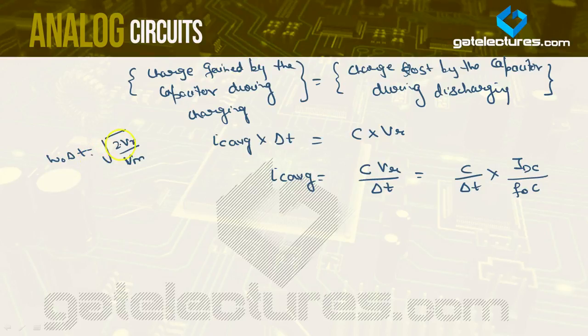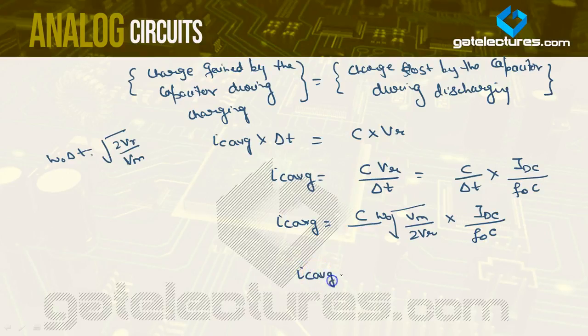So delta T will be equal to 1 by omega naught times this. So IC average is equal to C upon square root of Vm by 2VR into omega naught, into IDC by F naught C. Omega naught is 2 pi F naught, so F naught will cancel, the capacitor value will cancel, and on solving you get IC average equal to 2 pi IDC times square root of Vm by 2VR.